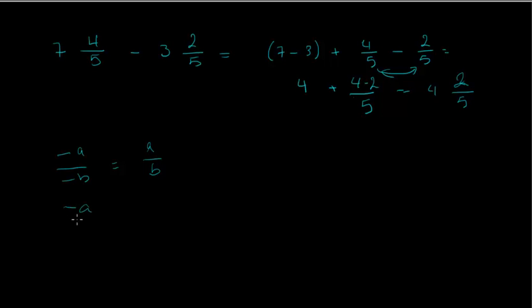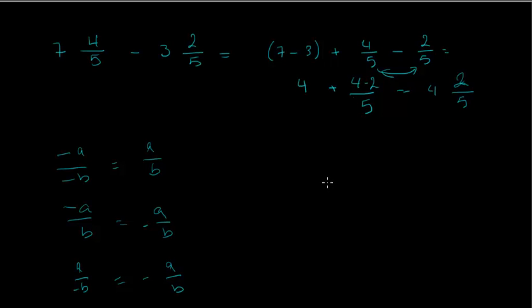When one of them is negative, the result is negative as well. It doesn't matter if the negative sign is in the numerator or in the denominator. The result is the same. In both cases, we have a negative fraction.